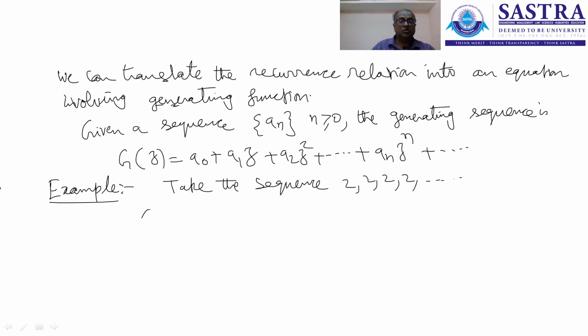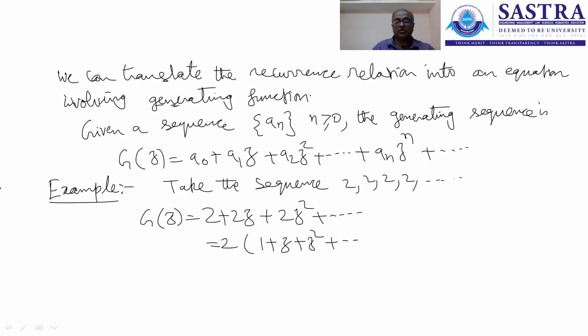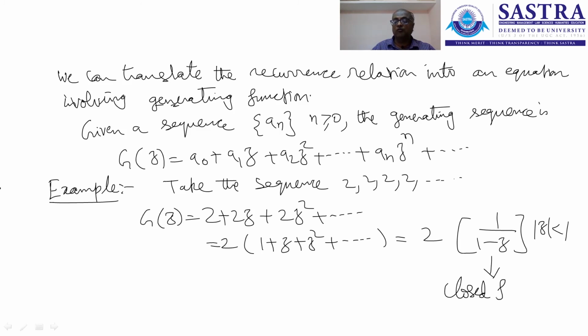In this case g of z would be 2 plus 2z plus 2z squared plus so on. When I remove this 2, I'll have 1 plus z plus z squared plus so on, and you can see that its sum is 1 by 1 minus z if modulus of z is less than 1, and this turns out to be the closed form of the generating function.